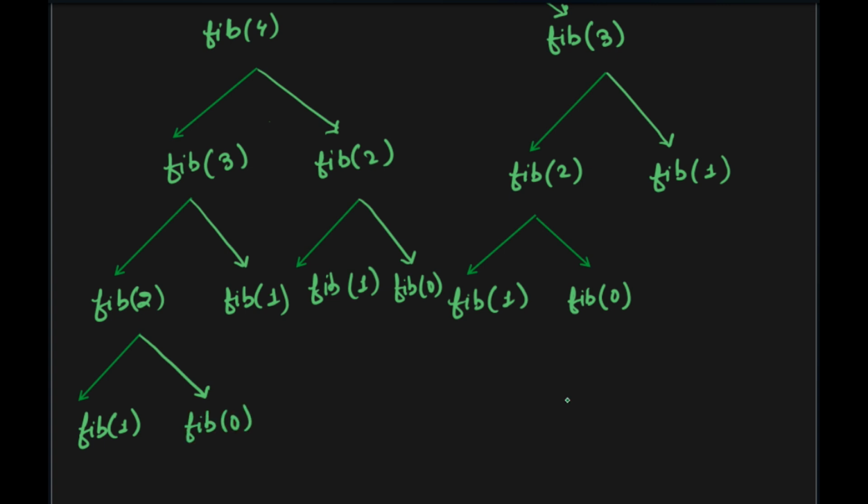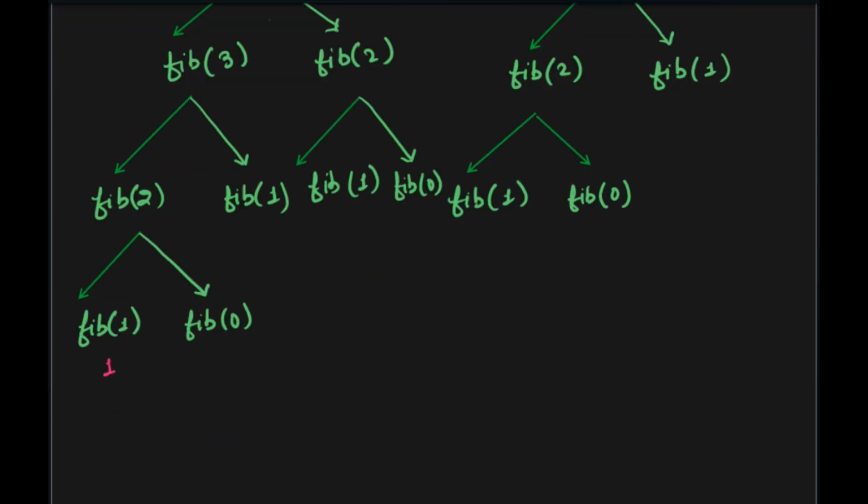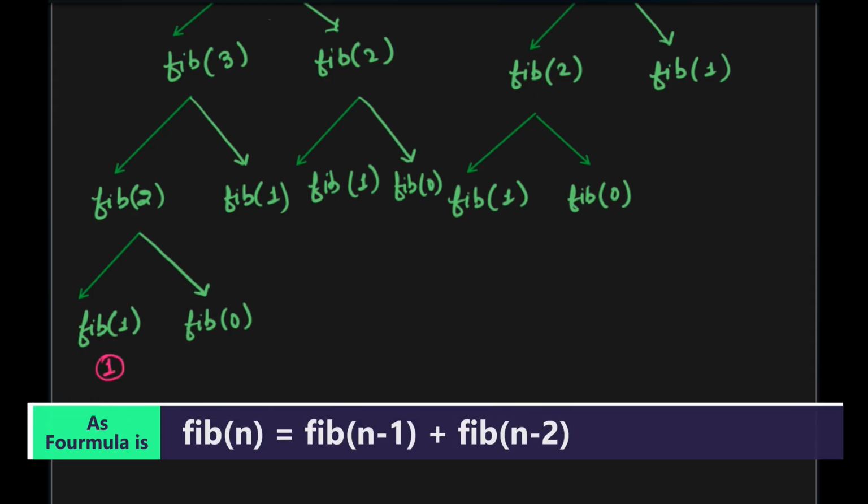At the end, in all the numbers, we reach the base condition, so we will return. Now here we will return with the number 1, and here we will return with the number 0, and we will do the summation.